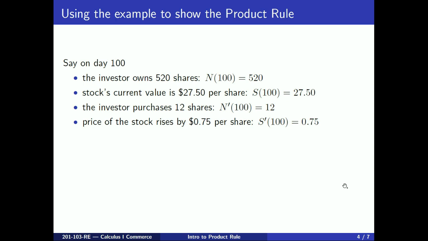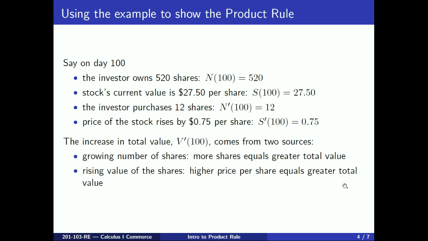That is, the number of shares grows by 12, and n prime of 100 is 12, and the price of the stock rises by 75 cents per share. That is, s prime of 100 is 0.75. The increase in total value on the 100th day, given in dollars per day, is v prime of 100. This increase comes from two sources: the growing number of shares and the rising value of the shares.